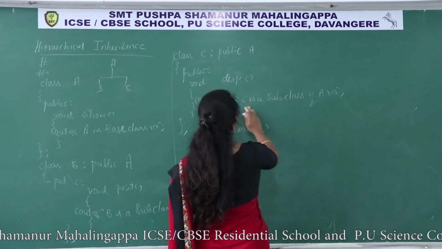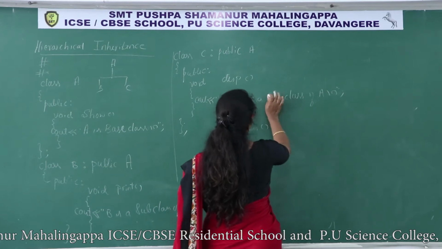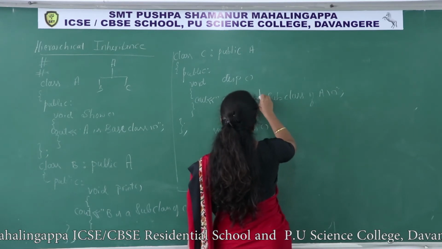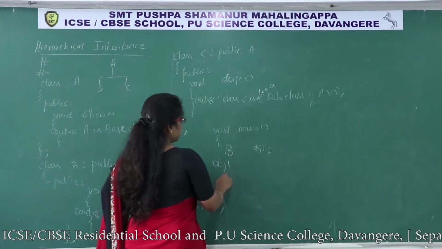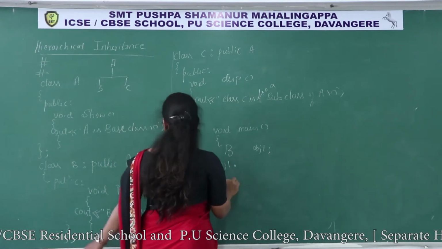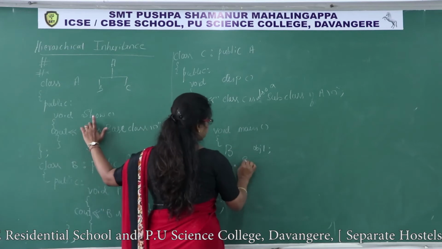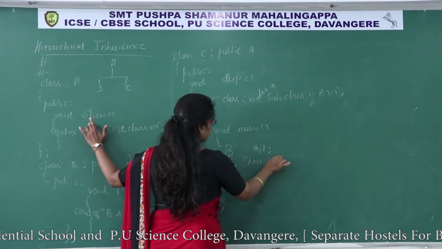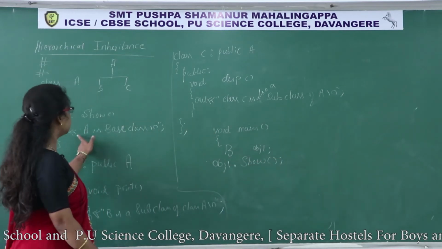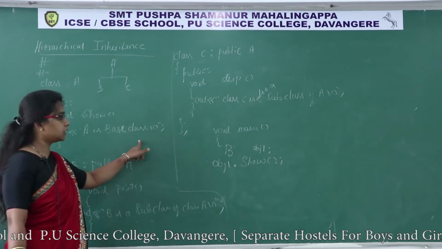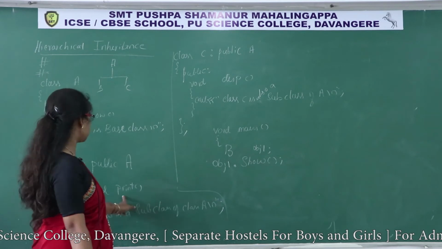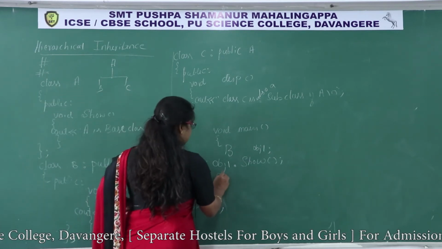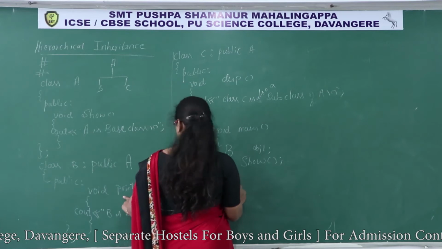Now obj1, here I'll make some changes. Class C is also a subclass of class A. Now obj1.show. Then it displays this statement, A is a base class. After that I want to display this statement, so I must call the print function, obj1.print.